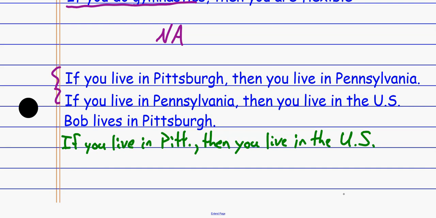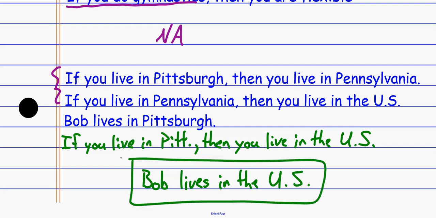But now it gives us another statement: Bob lives in Pittsburgh. And this is our law of detachment. We have a true statement to start with, if you live in Pittsburgh, and then the second statement has to be true, which means that Bob, our buddy Bob, lives in the U.S. And that's the final conclusion that can be made.